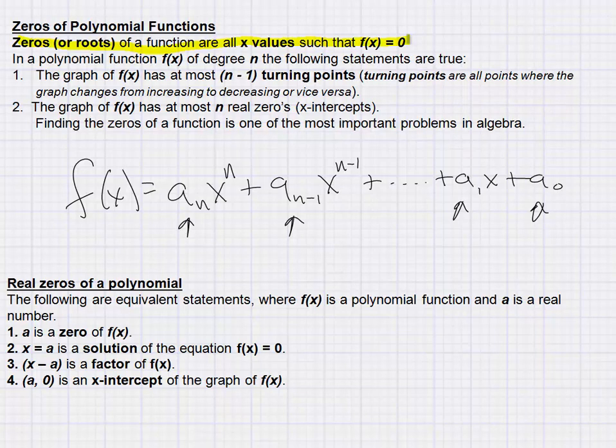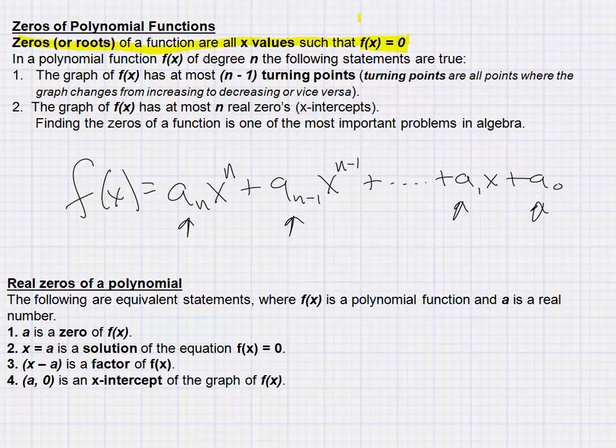Another word for zeros are roots. Sometimes you'll see it roots of a function or zeros of a function. But it's all the x values that make the function equal to 0. So if I'm trying to find the zeros, I can try and solve this particular equation, f of x equals 0. Now, let's look at some things in how zeros and graphically how functions are related.